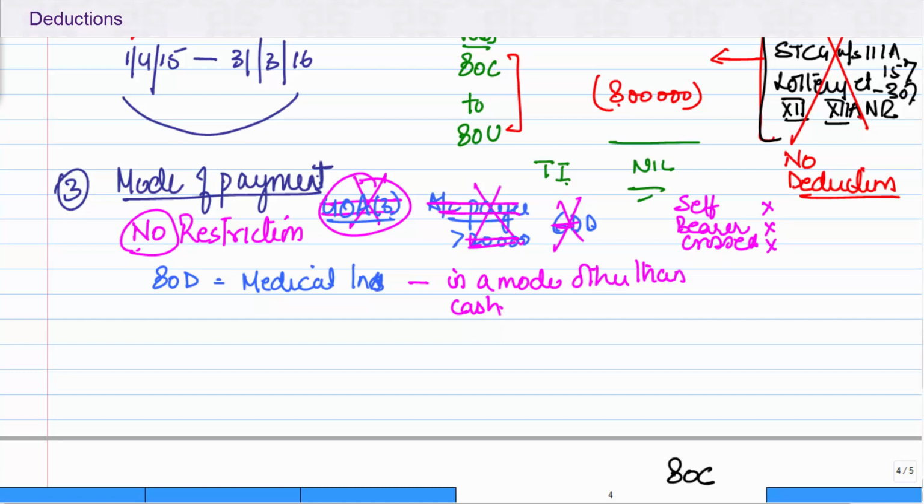But when I look at in a mode other than cash, then of course cash is not allowed, which includes self-check is not allowed. But there is no restriction on making the payments by bearer or cross-check. So bearer or cross-check, technically, if you make a payment, are allowed modes of payment while taking the deductions under 80C to 80D. Then under 80D, we will talk about something called preventive health checkup.